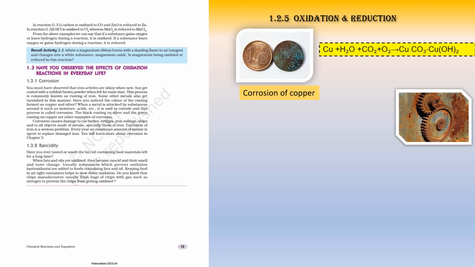Now, another very frequently seen example is the corrosion of iron, which is called rusting. Rusting happens when iron comes in contact with atmospheric oxygen and moisture and forms iron hydroxide, that is ferric hydroxide, Fe(OH)3.